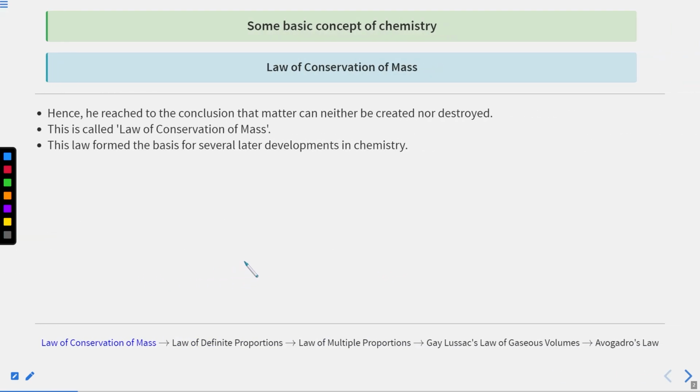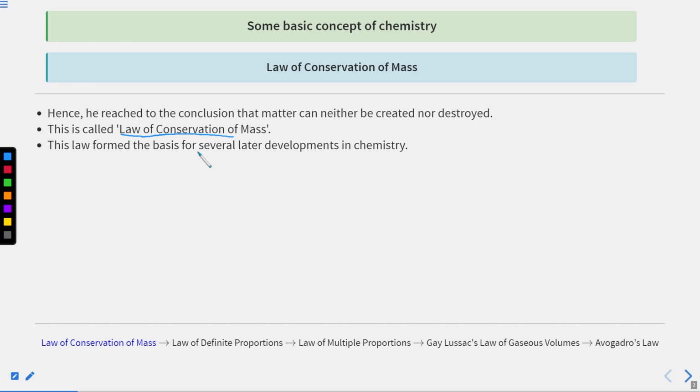Now he named this phenomenon the law of conservation of mass. If I want to talk in a broader way, this law can be modified. In the present time, it is known as the law of conservation of mass and energy. Means you cannot say that only mass is conserved. There is a chance that mass can be converted into energy, or energy can be converted into mass. Clear?